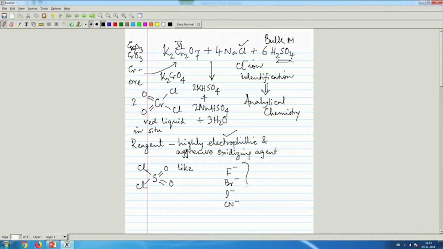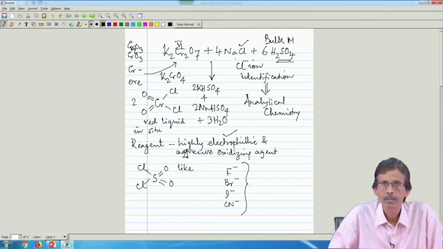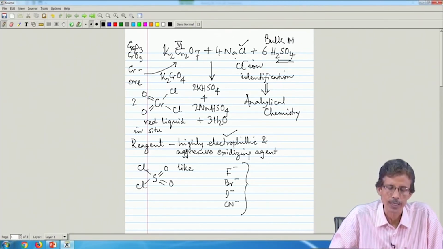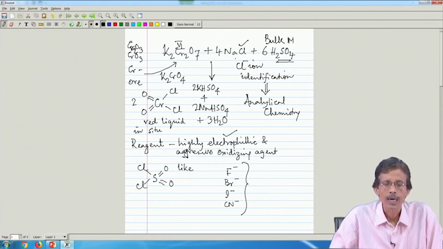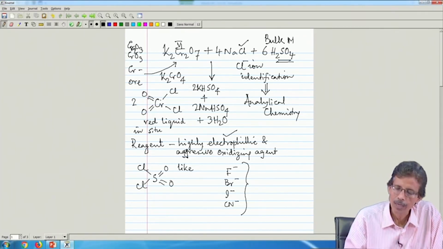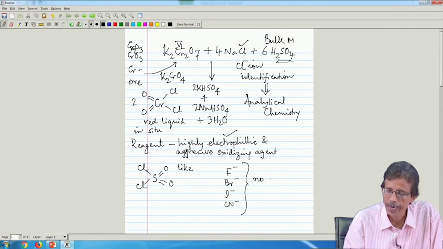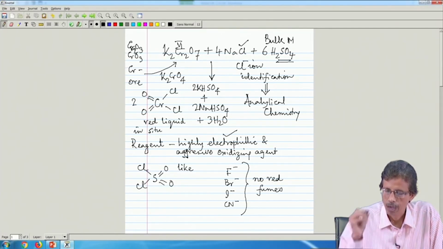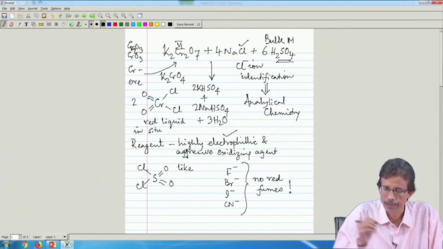If instead of sodium chloride we have sodium fluoride, sodium bromide, sodium iodide or sodium cyanide, will we be able to get the corresponding compound where the chromium center is attached to fluoride or cyanide? But this is not happening, because the same laboratory reaction does not form any red fumes. No red fumes are formed. That is very interesting.